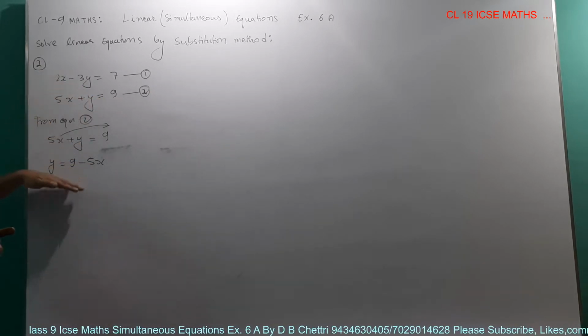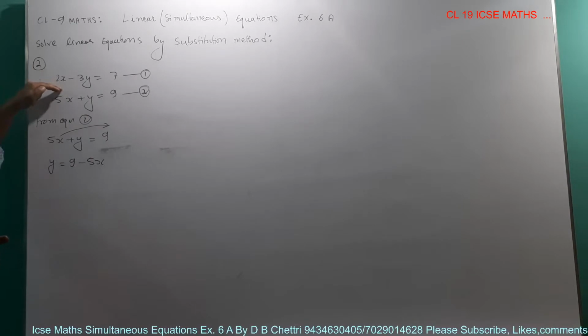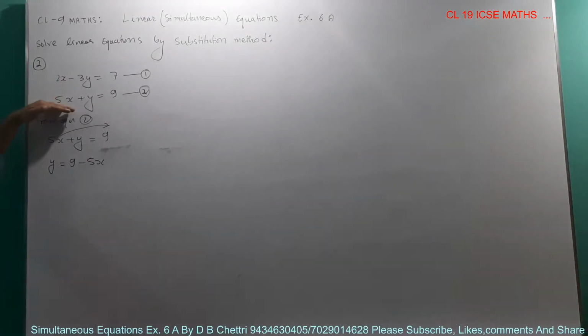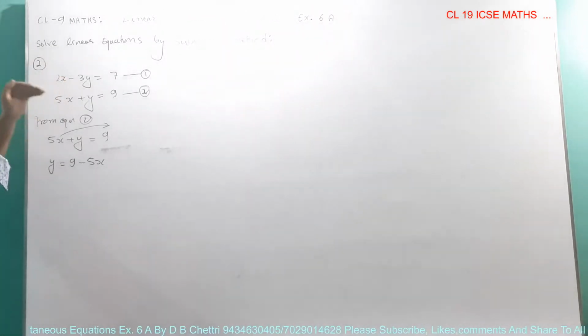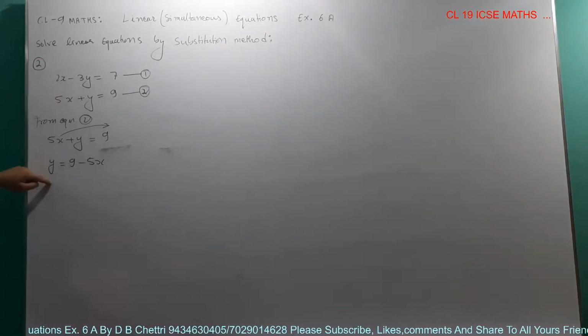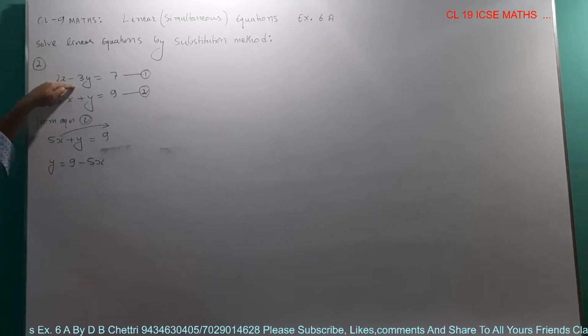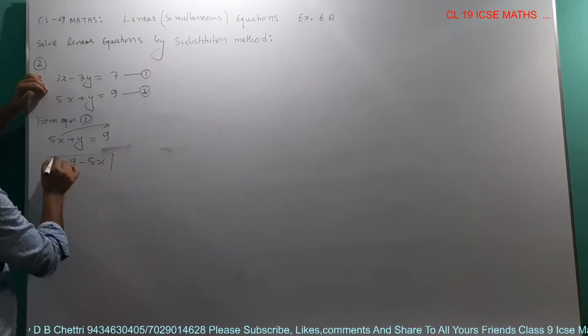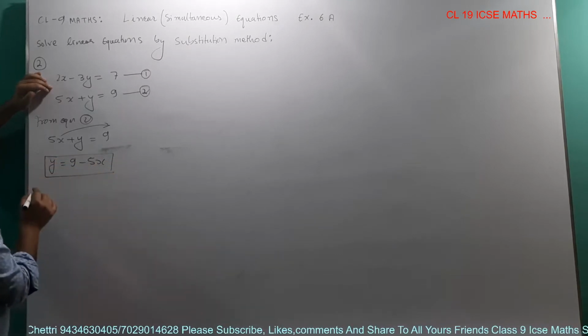Substitute in the next equation, that is equation 1. Remember, this is the main point: from whichever equation you got the value, don't substitute in that equation, substitute in the other equation. That means we are going to substitute this value of y in equation 1. Let me highlight this value.